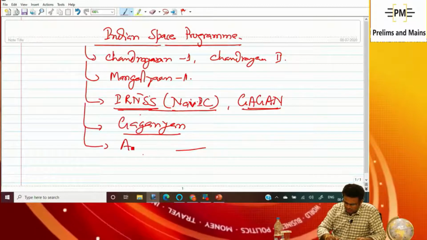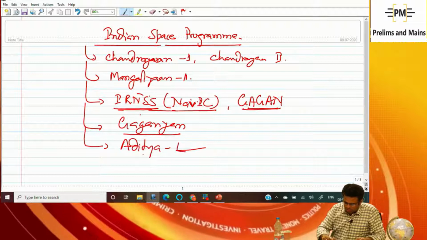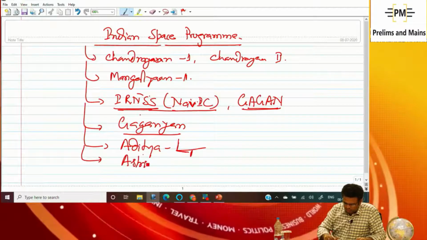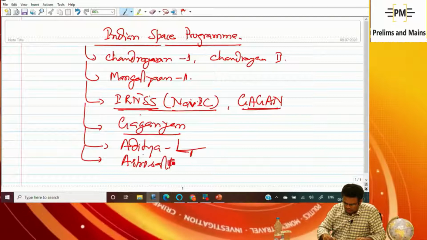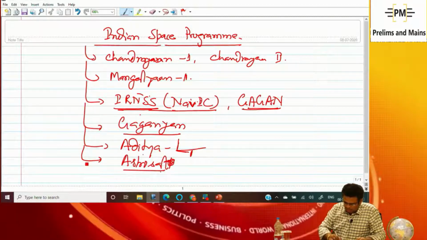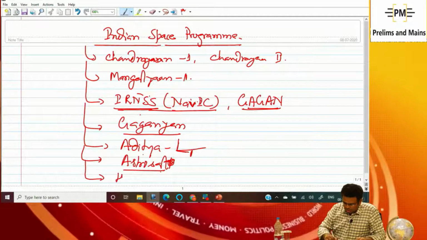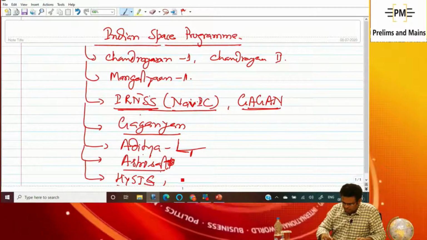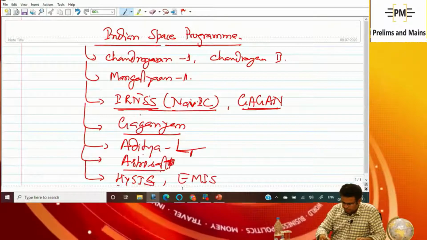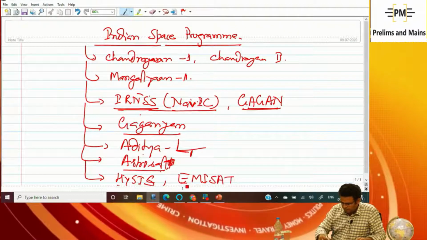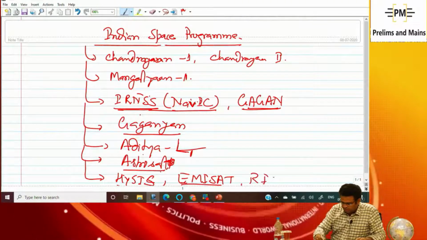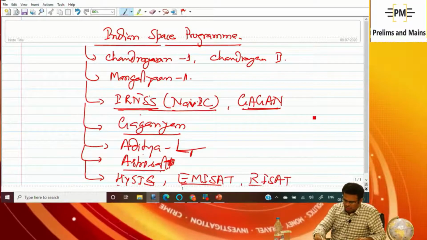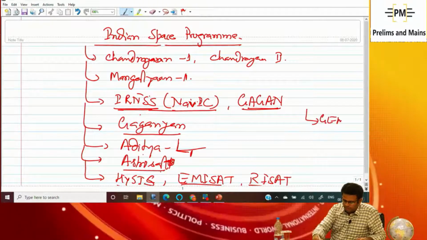Thereafter we will see Aditya L1, Astrosat, and then HySIS, AMISAT, RESAT, and one more that we can see, Gemini.